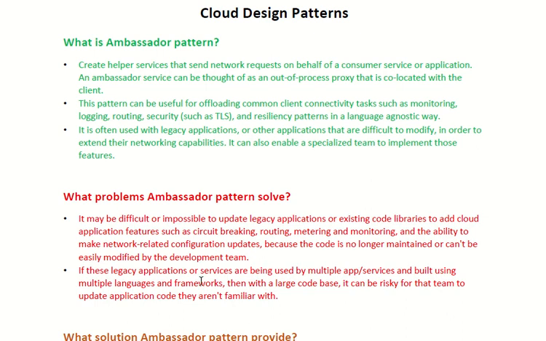If these legacy applications or services are used by multiple applications or services and built using multiple languages and frameworks like Java, .NET, Python, Node, then with a large code base, it can be risky for that team to update application code which they are not familiar with.